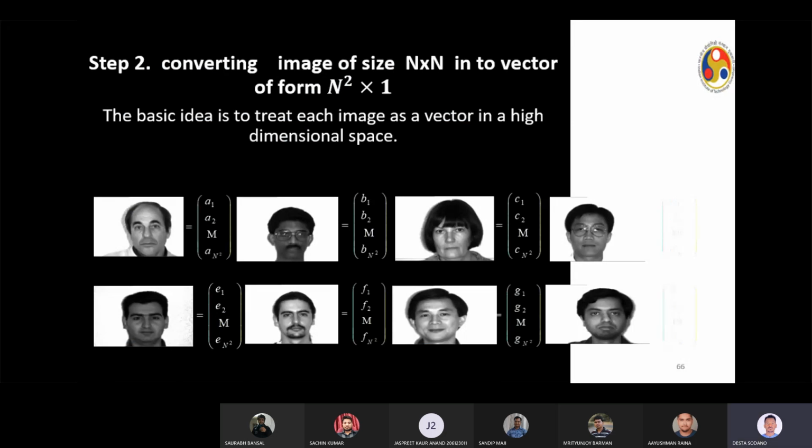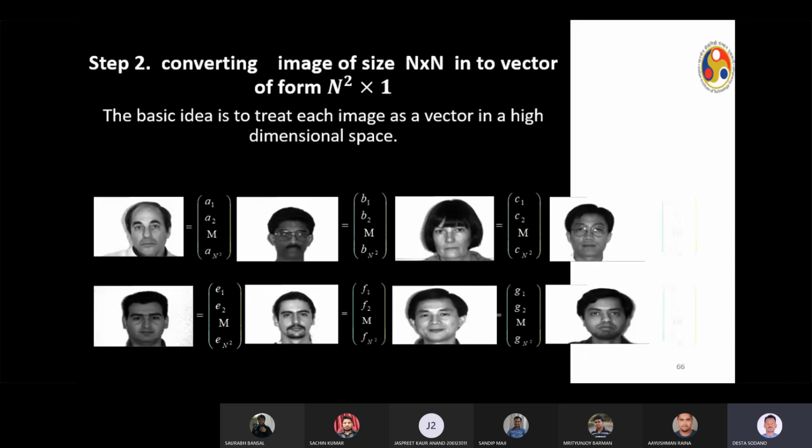The trainers are reduced into a matrix of the system n squared by 1. The basic idea is that we treat each image as a vector in high dimensional space. 8 trainers are available here. From the 8 trainers, we reduce the dimensionality of the space using eigenspace.